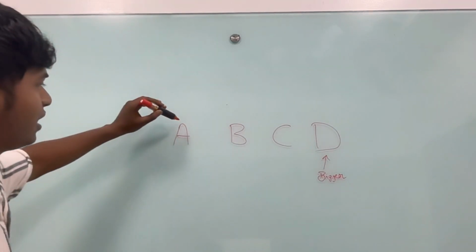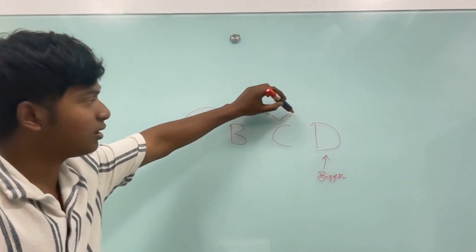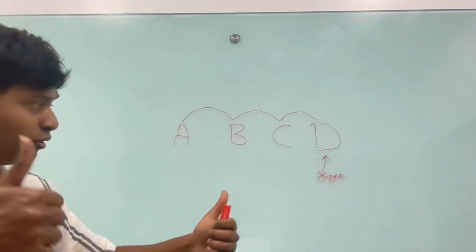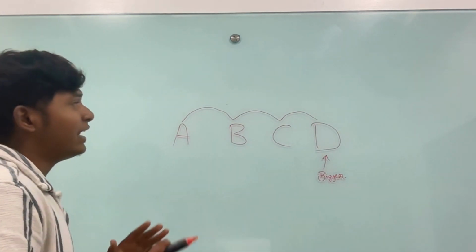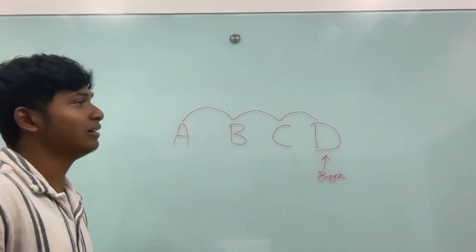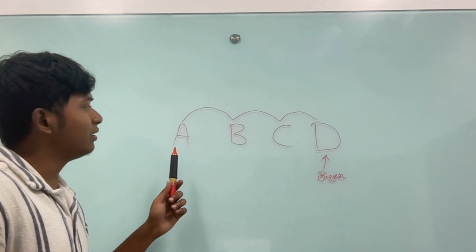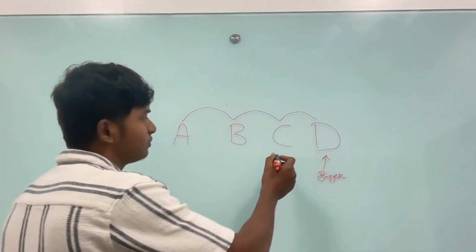So we start from A, we iterate, and we get to D. Fine, cool. But now let's come to C.